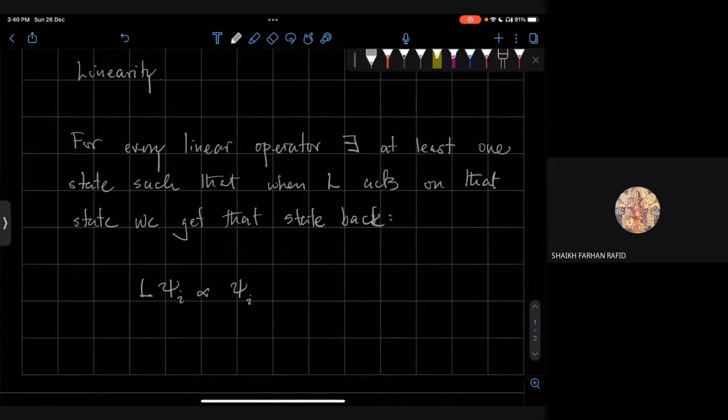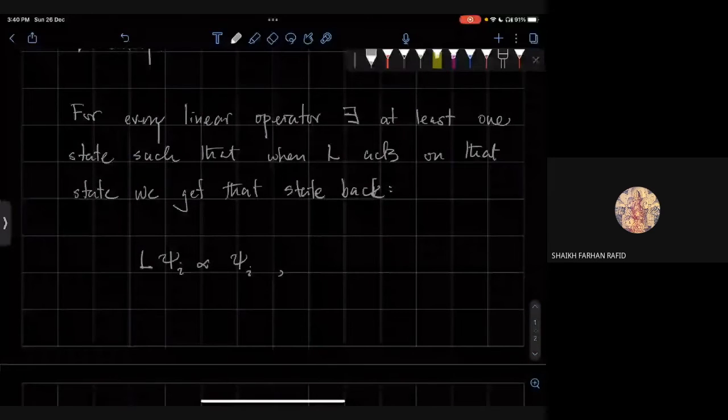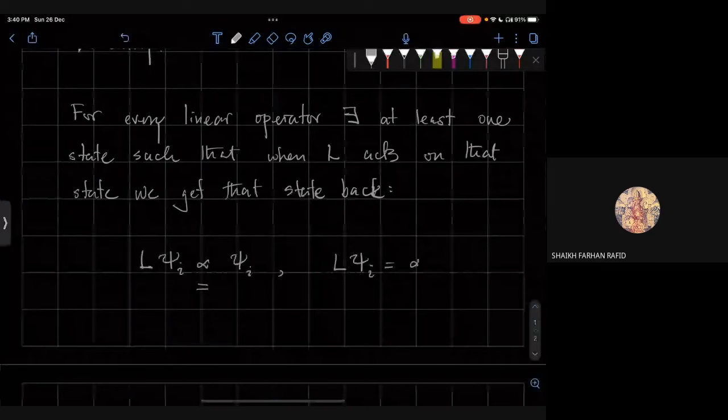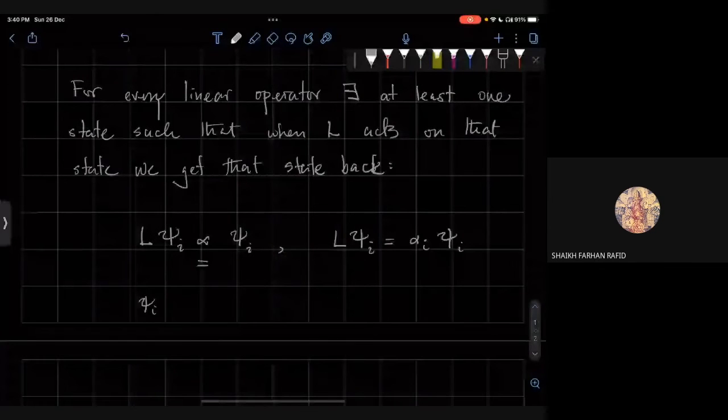Yes, sir. So the operator doesn't change anything of the state, it rescales it. If I remove the proportionality sign, it's going to give me some number, say alpha i. There's a constant of proportionality. So this state, psi i, is called an eigenstate.